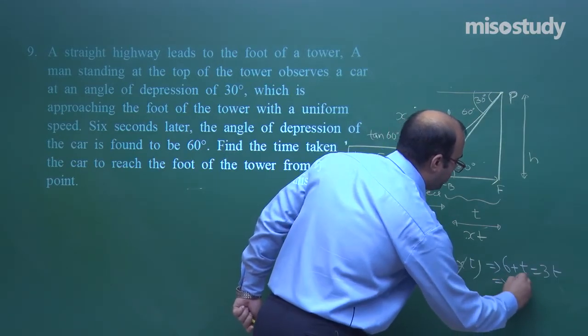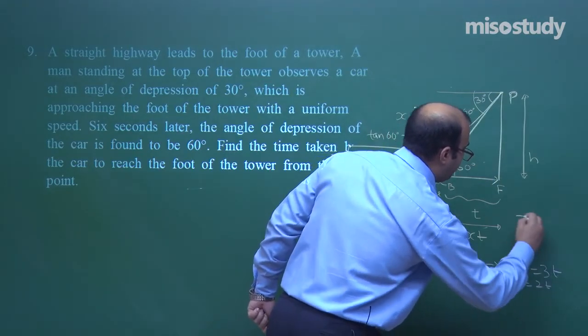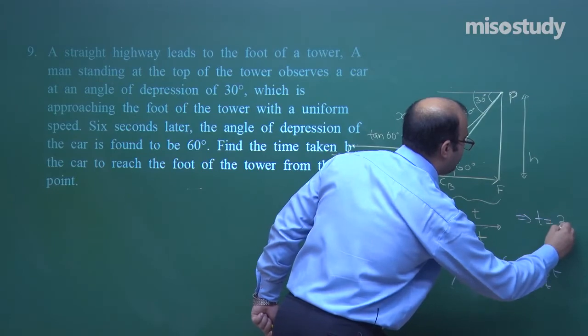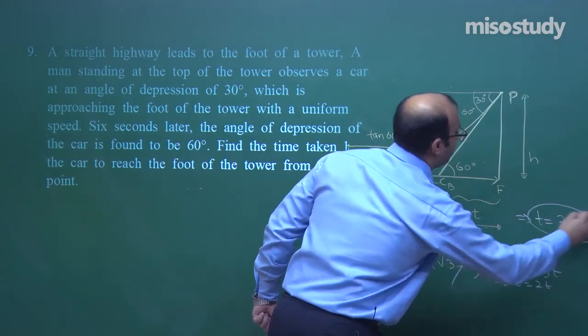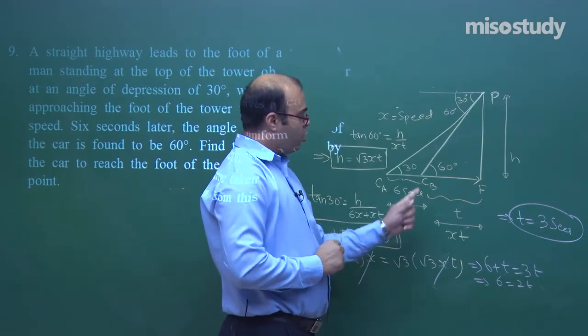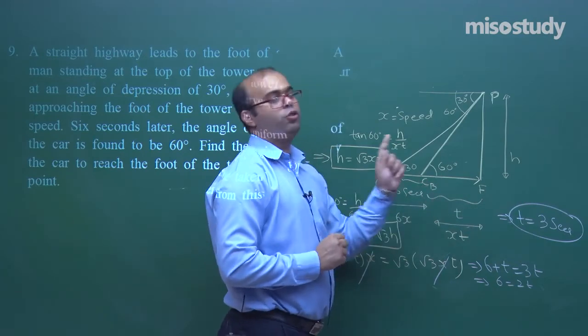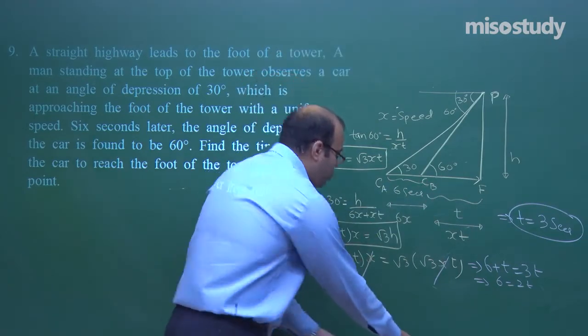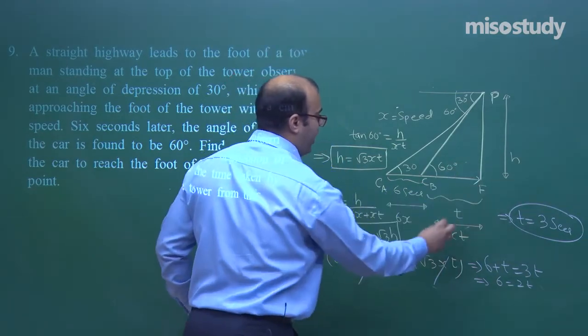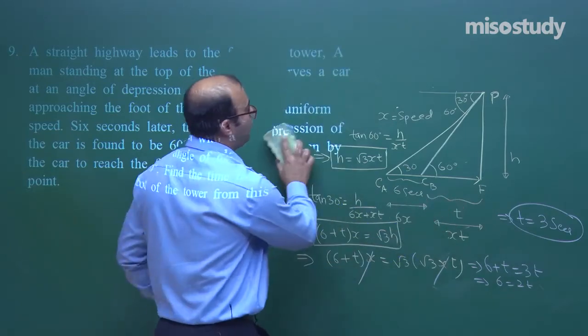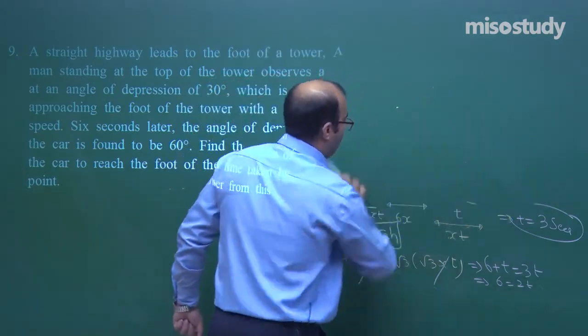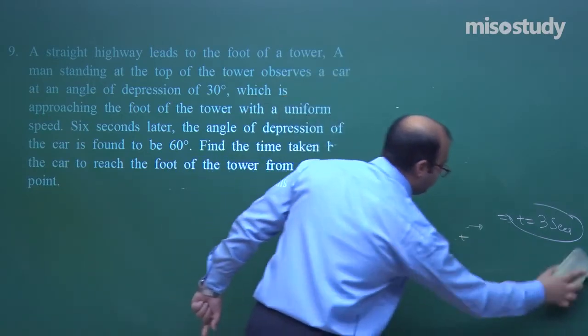So this will give you 6 is equal to 2t, which implies that t is equal to 6 by 2, that is 3 seconds. Now the car will take 3 seconds to reach from this point to the foot of the tower. Okay, students? So we had the variables h, x and t, but finally we got the value of t as x gets cancelled.